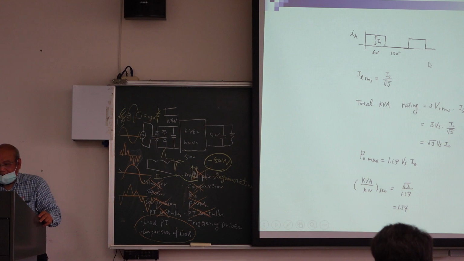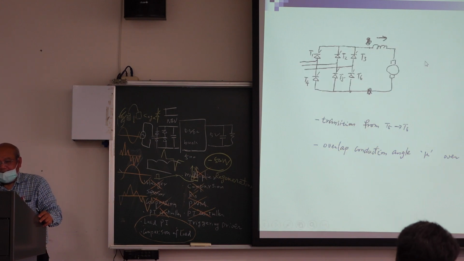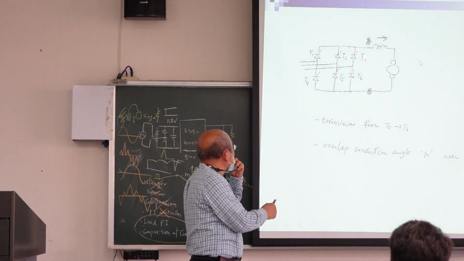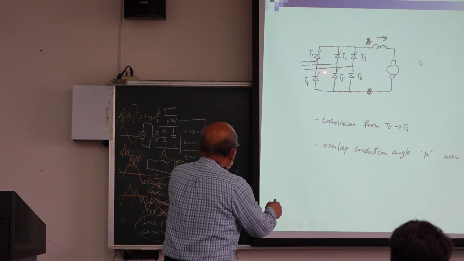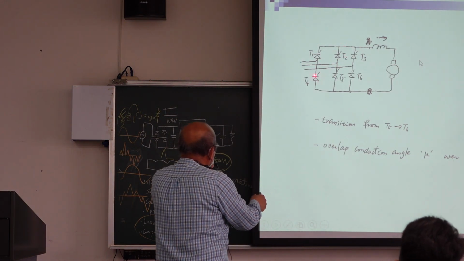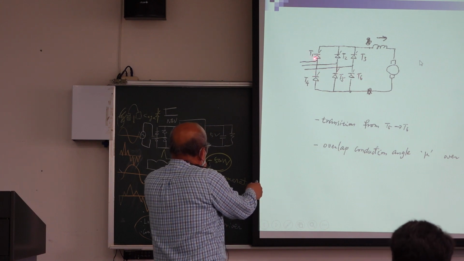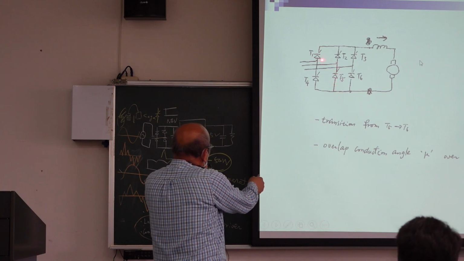Okay, now I will show you something. Sometimes we have a motor here. We have SCR 1, 2, 3, 4, 5, 6. Then we say we can turn on T1 and go back from T5.